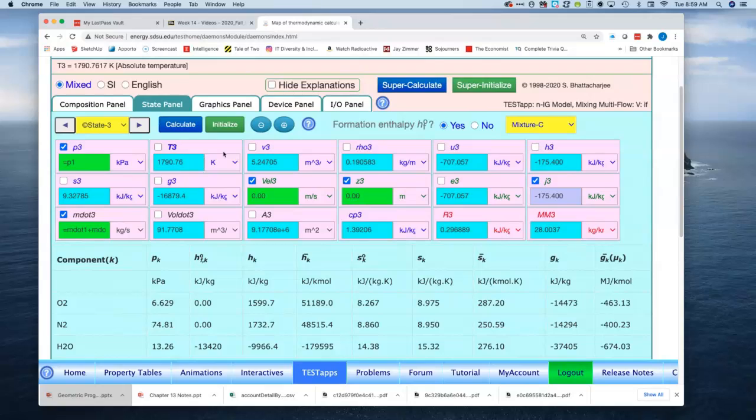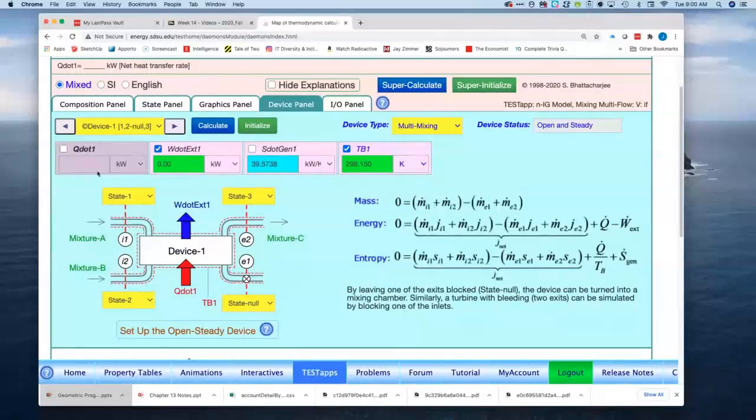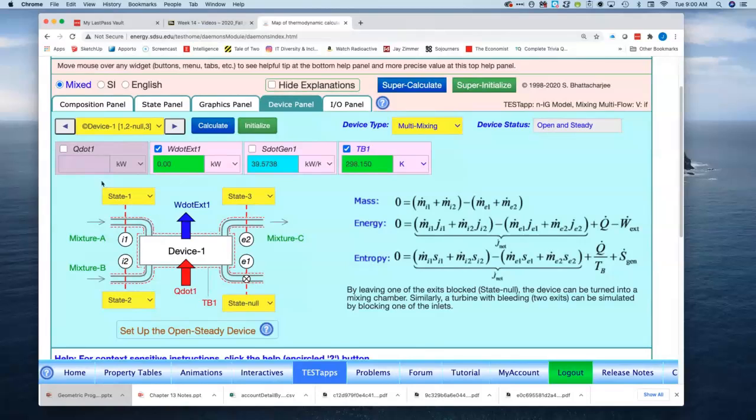Now, if I wanted to, I could change the game. And I could say, well, let's go back to the device panel. And this time I'm going to turn off the adiabatic nature. And so I'm going to say that Q dot is to be calculated.